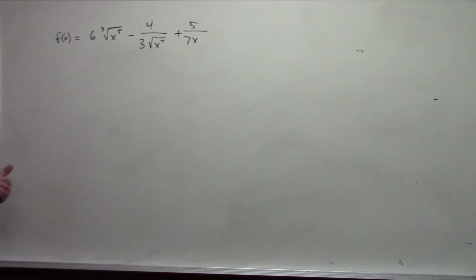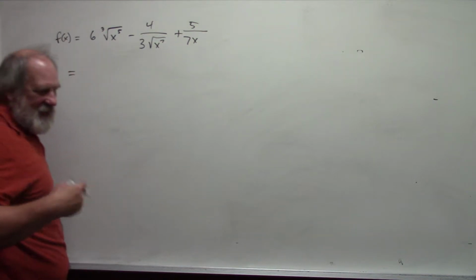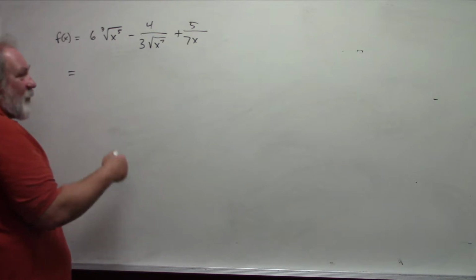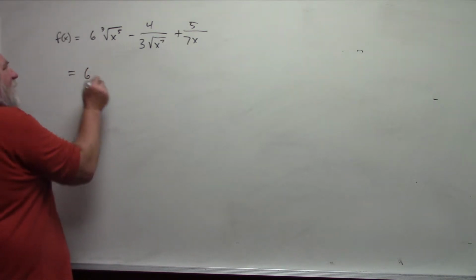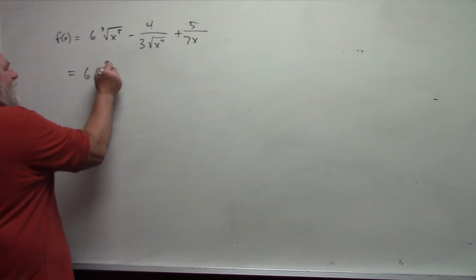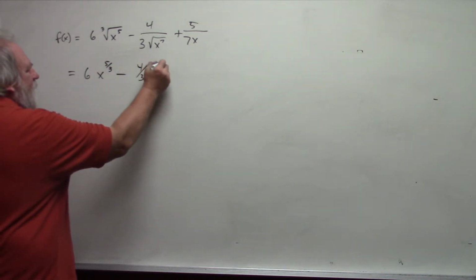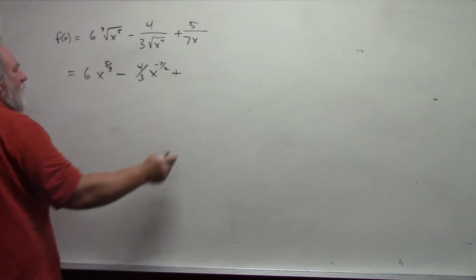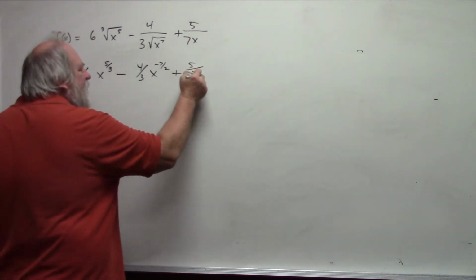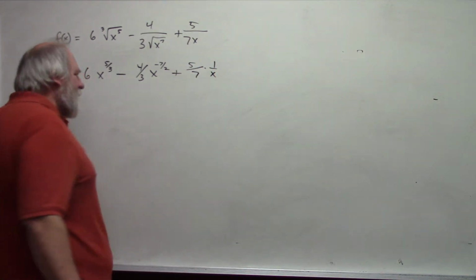At the moment, I cannot take this antiderivative, but if I do algebra just like I did back before I took the derivative and rewrite this, this is 6 x to the 5/3 minus 4/3 x to the -7 halves plus 5/7 times 1 over x. I'll leave it like that.